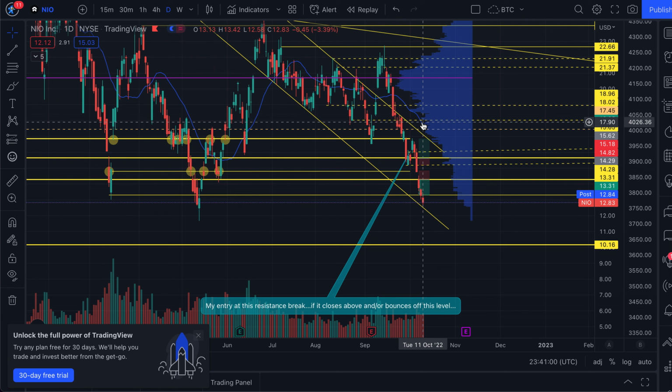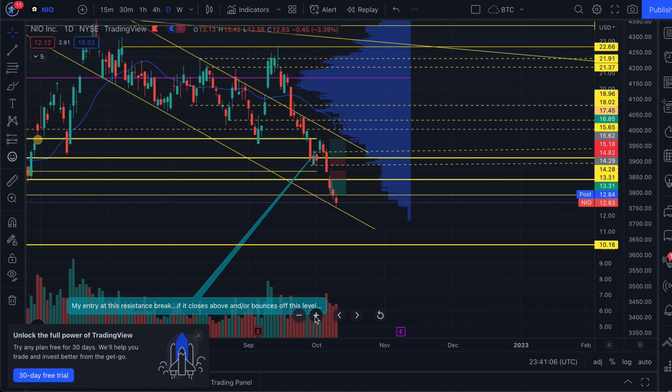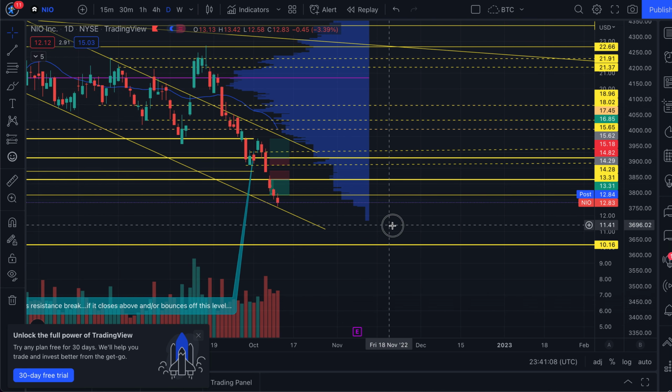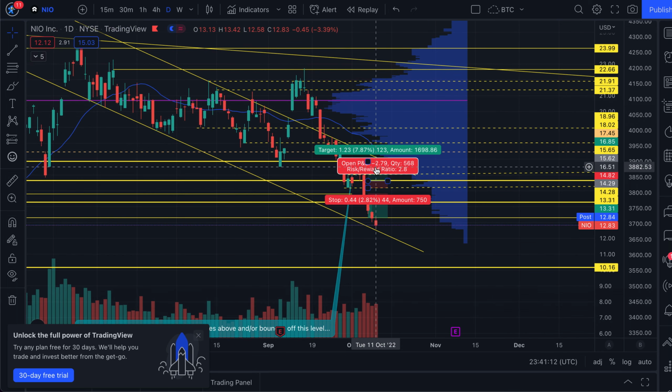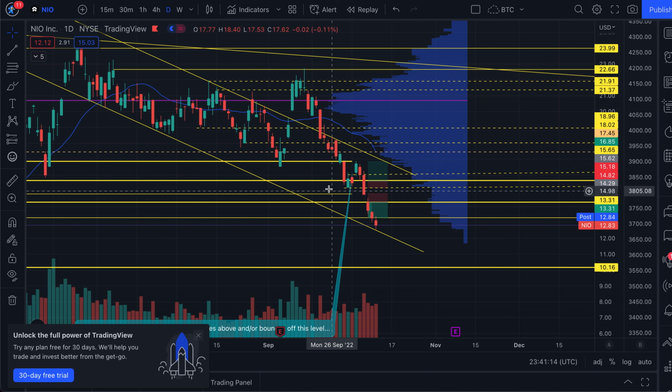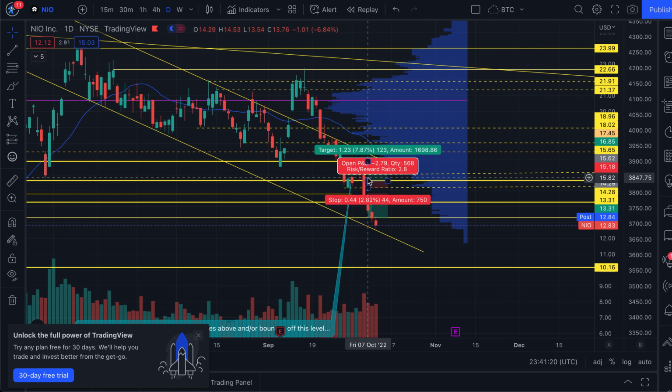The only one that was bullish was the daily. The reason that we had taken the bullish play, or we were going to but actually never did, was because it never made it above this level.